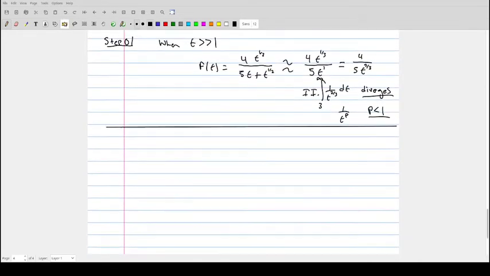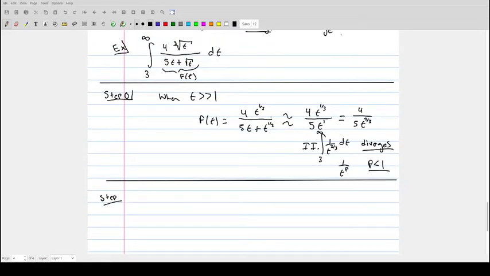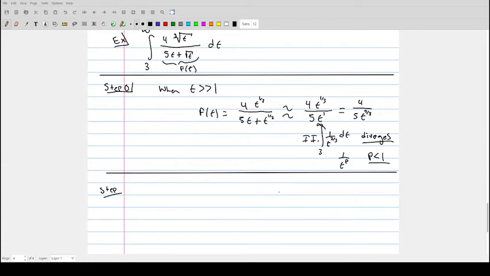So the next step, which is the first step of the direct comparison test, is to find a function that's below our function, 4t to the 1/3 over 5t plus the square root of t, or t to the 1/2.